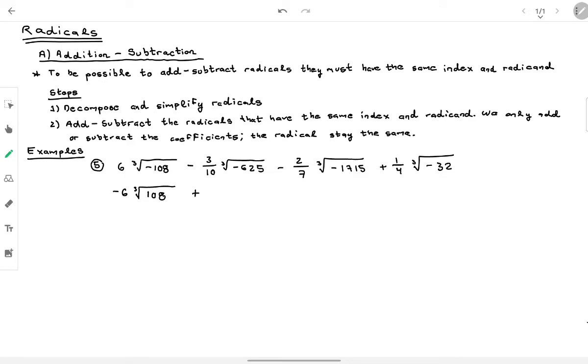Then it's going to be positive 3 over 10 that multiplies the cubic root of 625, minus 2 over 7, that will become a plus, that multiplies the cubic root of 1715, plus, it's going to convert to minus 1/4 that multiplies the cubic root of 32.